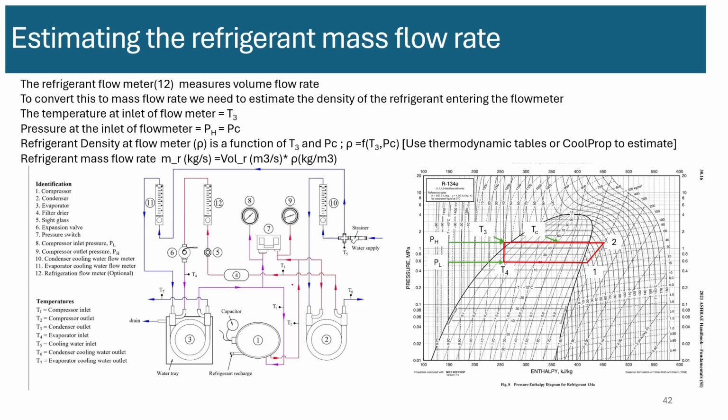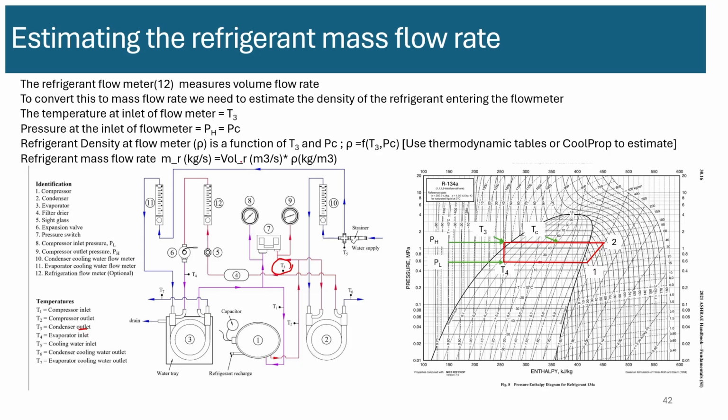If you look at the schematic of the experiment, you'll see that the closest temperature measurement before the flow meter is the temperature at T3, okay? And that is basically the temperature coming outside of the condenser, the condenser outlet.